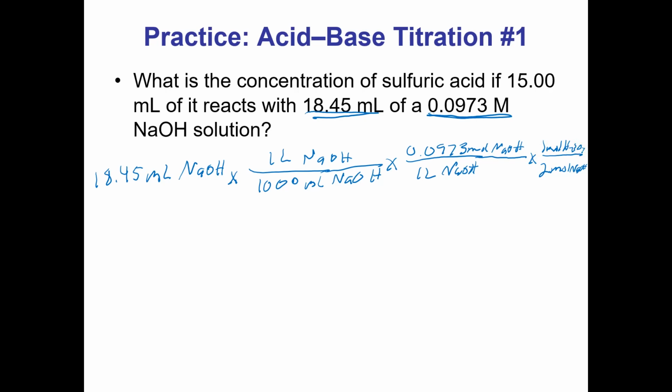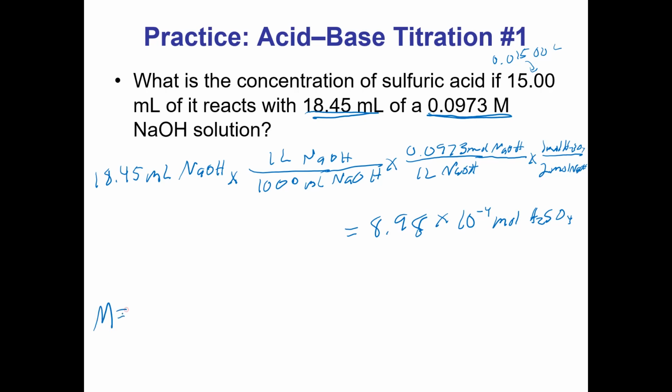So if we take 18.45 times 0.0973 and divide that by 1,000 times 2, we come up with 8.98 times 10 to the negative 4th moles of sulfuric acid. And if we convert milliliters to liters, 15 divided by 1,000 comes out to 0.01500 liters.